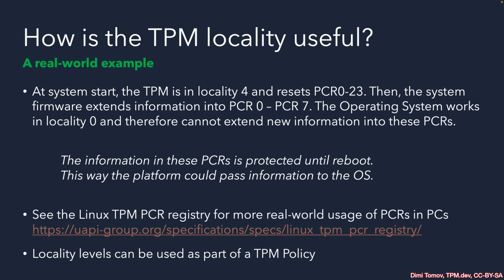And then the UEFI or BIOS will extend information into the first PCRs, usually PCR 0 to 7, with important information about the state and integrity of the UEFI configuration and so on. On the bottom of this slide, I've added a link to the Linux TPM PCR registry for more information about the real-world usage of PCRs in personal computers.